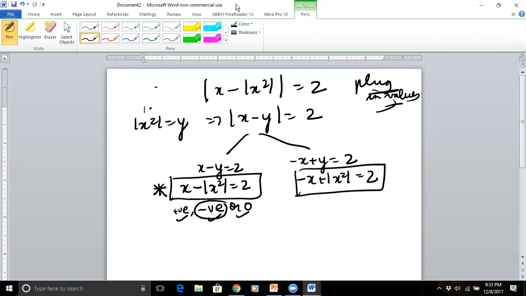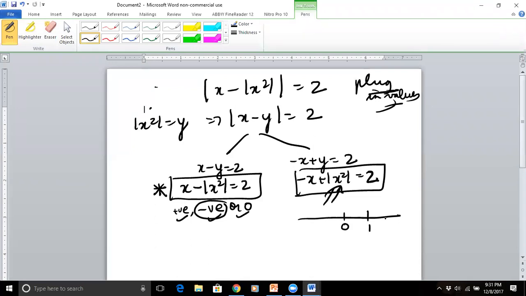Agree with me on that? For whoever asked me that question, do you agree that x minus mod of x square can never be equal to 2, right? In the first case. But in the second case, it's possible for the value to be equal to 2. And in the second case, the best thing to do at this point is to plug in values in 4 cases.